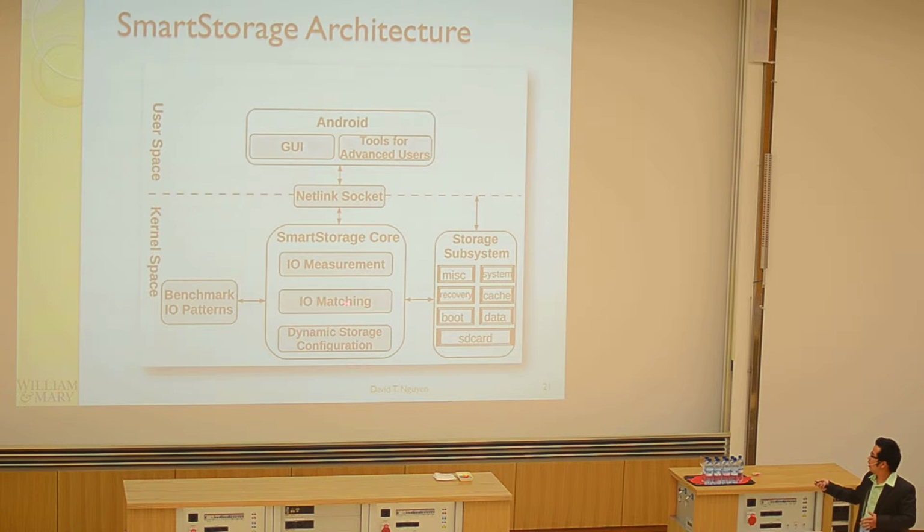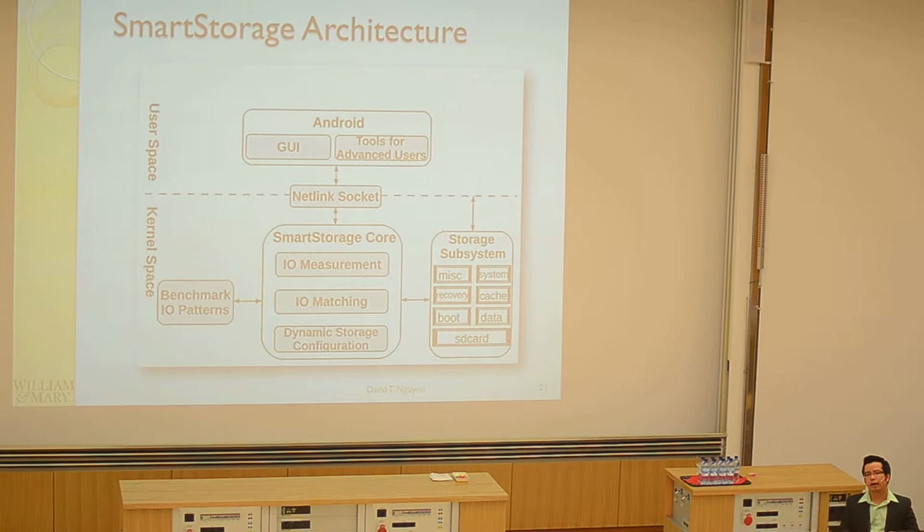That I/O pattern is brought into the I/O matching submodule, where it is matched with the benchmark I/O patterns in order to get the optimal configurations. Then finally, we configure the configuration in the storage subsystem. Very, very simple.